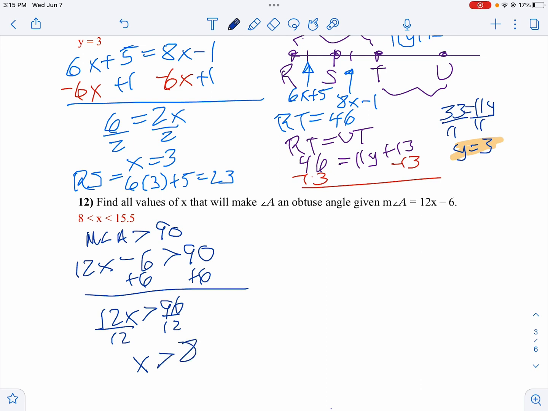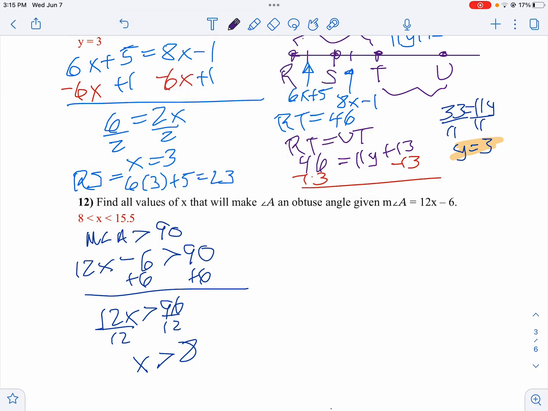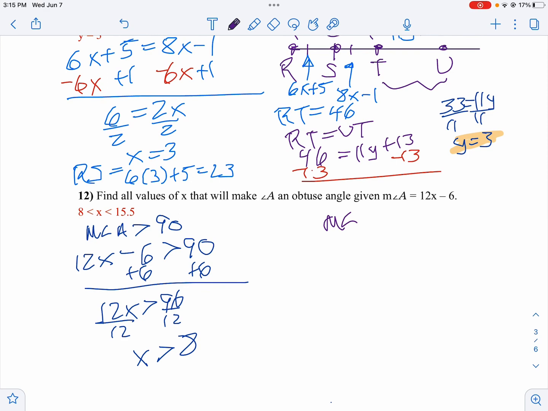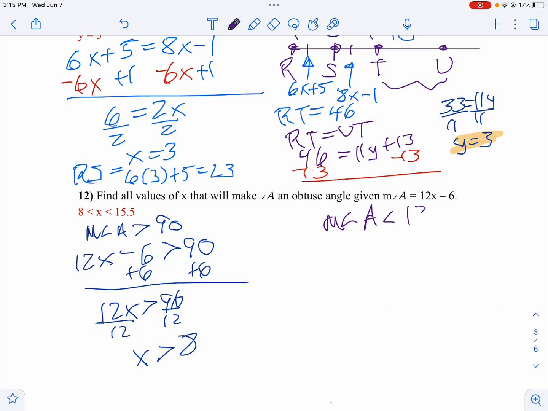Well, that's true, but the answer says x is between 8 and 15.5. That's because there's a maximum for an obtuse angle also. Remember, for an obtuse angle, it has to be less than 180. So I'm going to say the measure of angle A has to be less than 180.